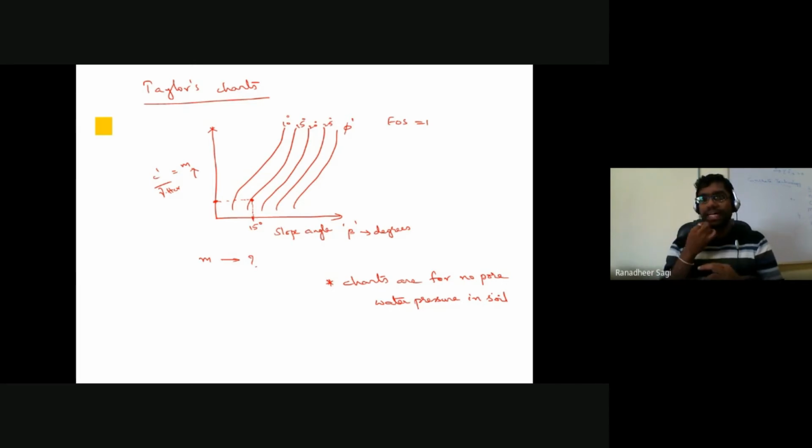Based on whichever method I want to use to analyze my slope, I can choose that method from the drop down list in the software and analyze the slope. Based on this method, how much factor of safety will I get for that slope? Based on some other method, how much will I get? Accordingly, we can understand.